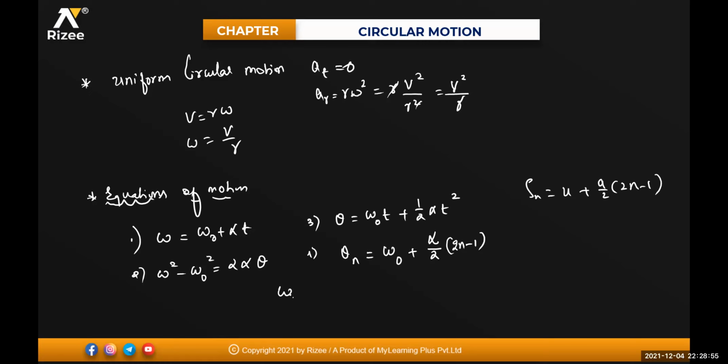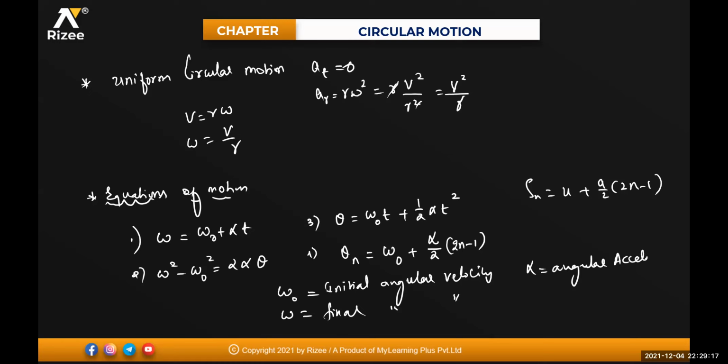Now see, omega naught means what, beta? Initial angular velocity. And omega is your final angular velocity. Alpha is your angular acceleration. Theta is your angular displacement. And t is your time taken as usual. Clear?